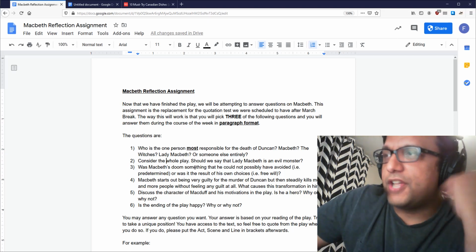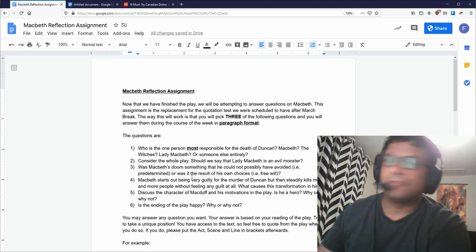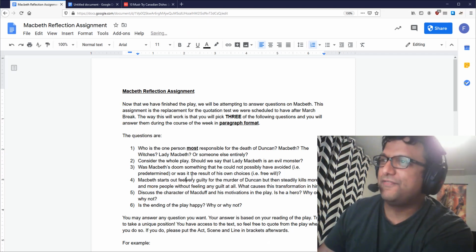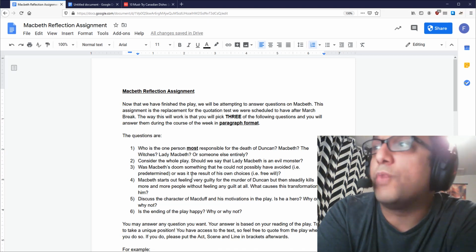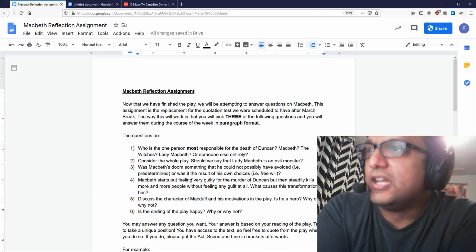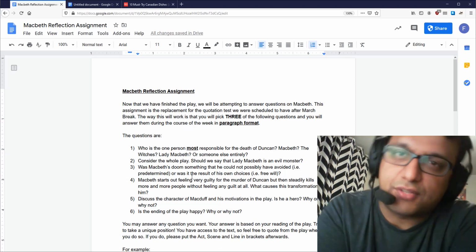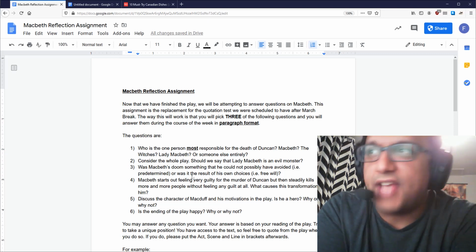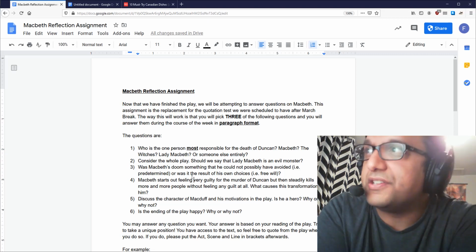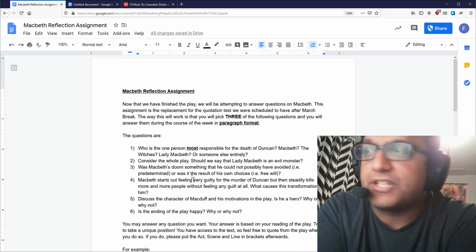Macbeth starts out feeling very guilty for the murder of Duncan, but then steadily kills more and more people without feeling any guilt at all. What causes this transformation in him? We talked about this last week a bit, about how he changes as he goes along, and how he starts to kill more and more people, and it gets easier and easier.